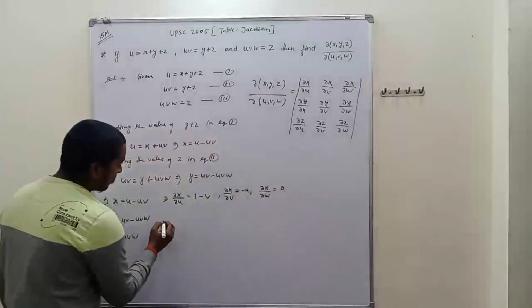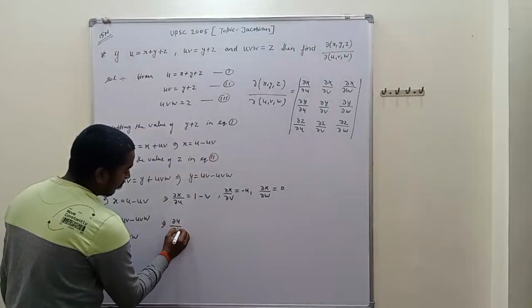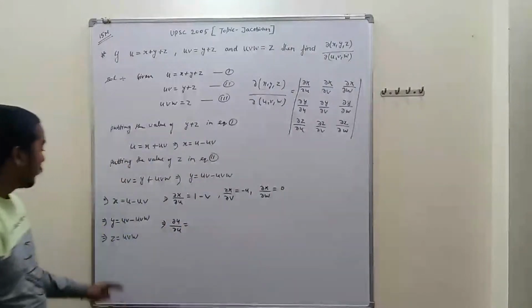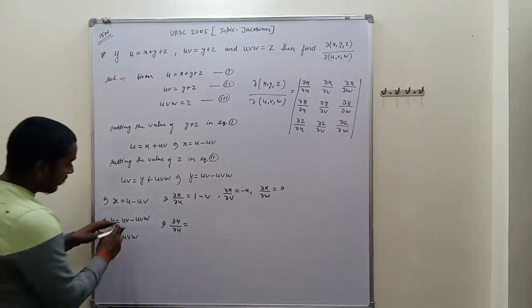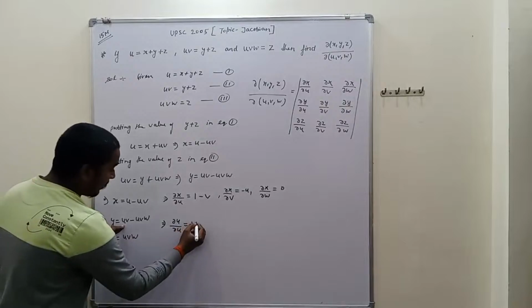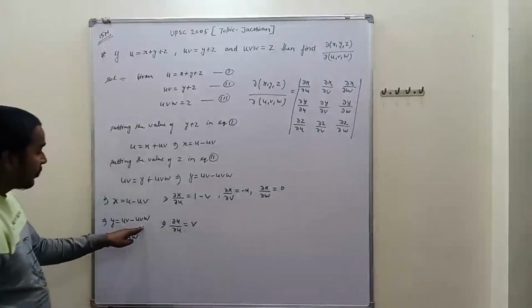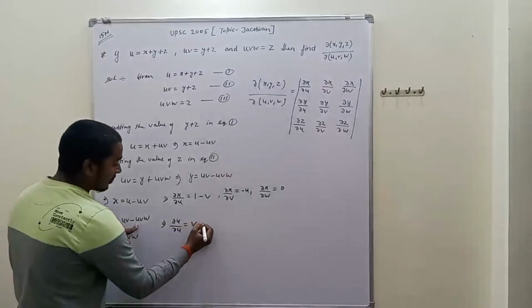Further we have to find del y upon del u. The value of y partially differentiated with respect to u: uv differentiated partially with respect to u is v, and minus uvw differentiated partially with respect to u is minus vw.